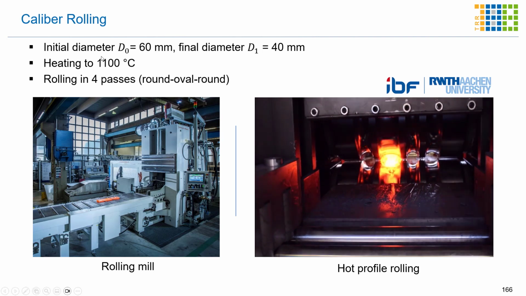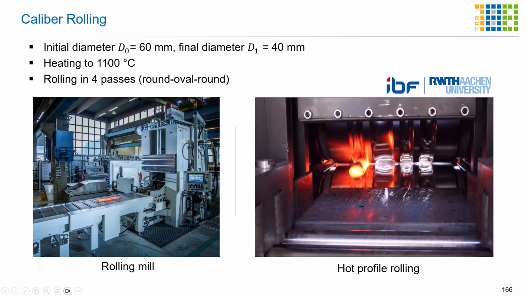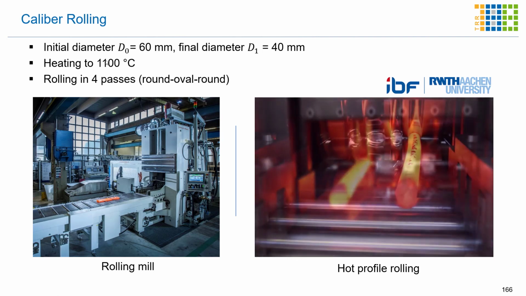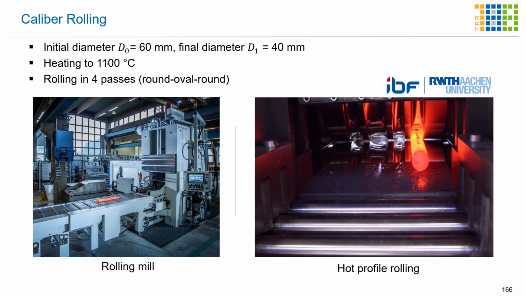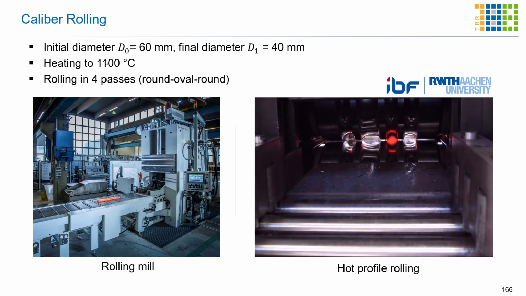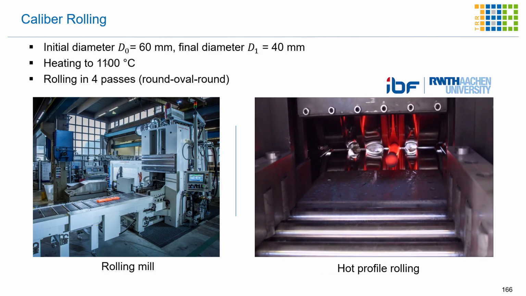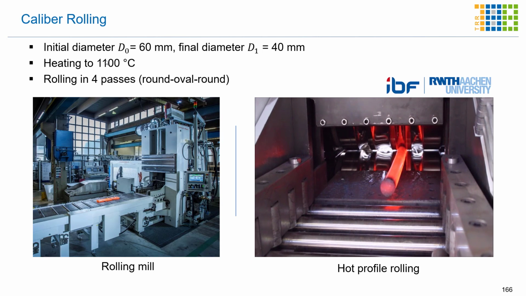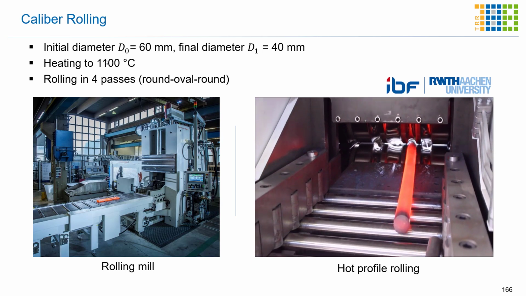Beginning with the caliber rolling, we have some initial process parameters, such as the initial diameter of 60 mm. This will be reduced by caliber rolling within 4 passes to a diameter of 40 mm, and during the entire process the part is heated to a temperature of 1100 degrees Celsius.